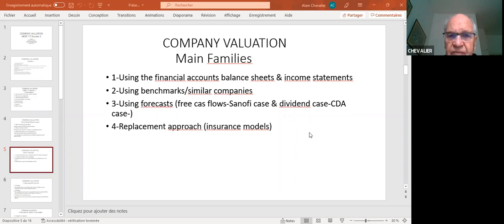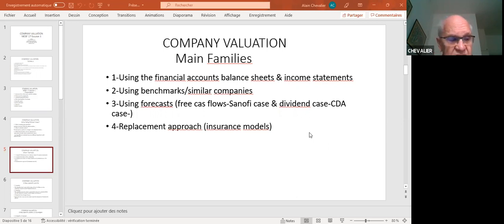If you use income statements, you will be able to find different values also, using multiples, benchmarks. It means you need multiples.